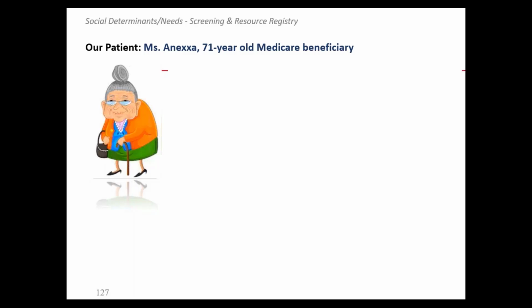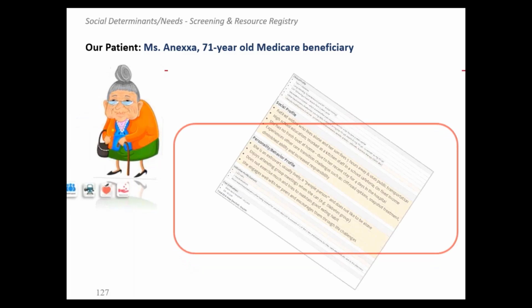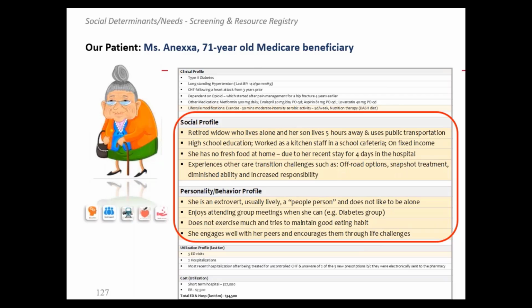We met her earlier, and this is 71-year-old Miss Anexa. If we take a look again at Miss Anexa's social profile, she is a retired widow with no family living nearby. Note that Miss Anexa has recently been hospitalized and that this time she has no fresh food at home.